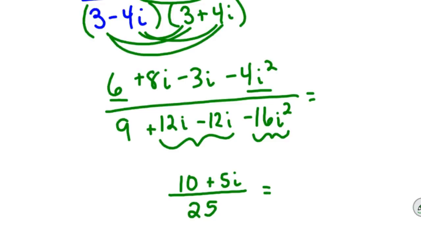So there you have it. You could simplify that a little further, and usually we always like to leave complex numbers in the form a plus bi, where your real number is the a part, your imaginary number is the b part.